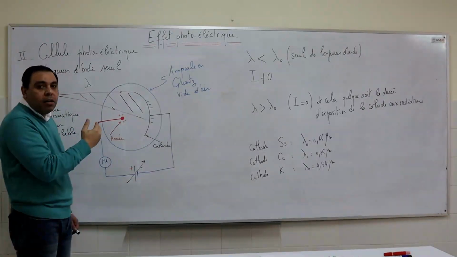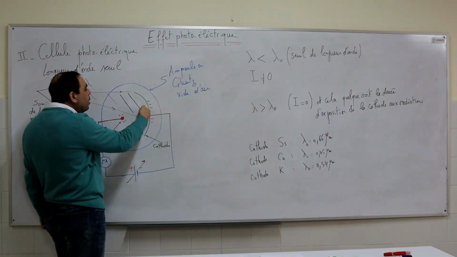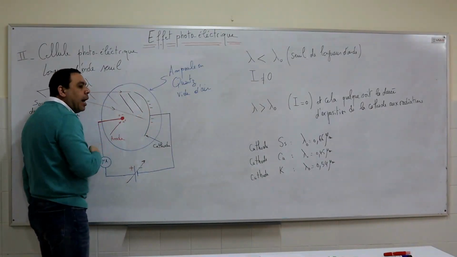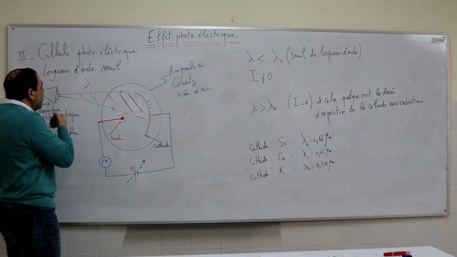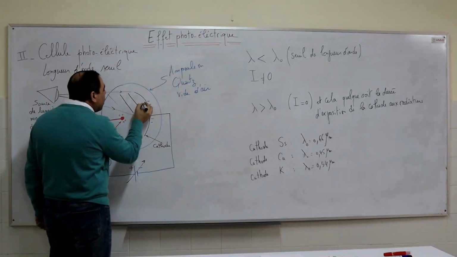Radiation, upon striking the metal surface, extracts electrons from the cathode, which in turn reach the anode. This radiation is capable of extracting electrons from the cathode.